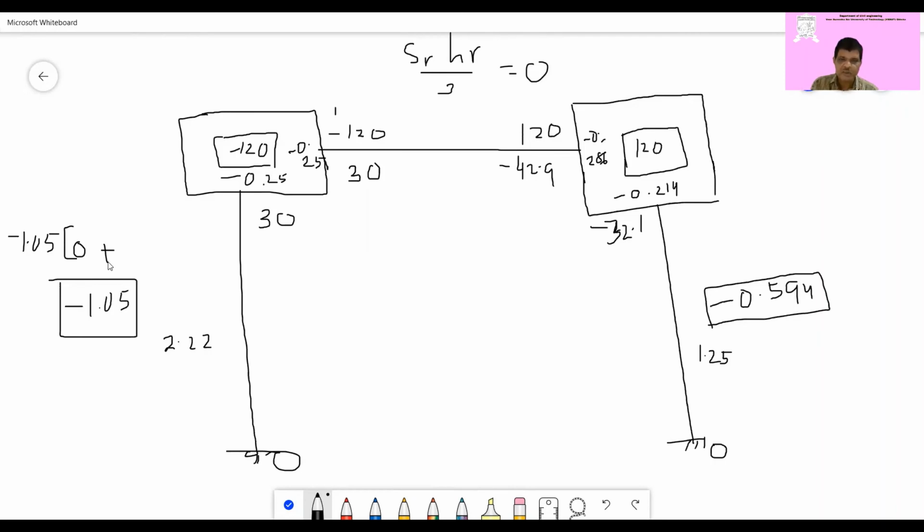So that is 30 plus 0 minus 32.1. So 30 from this end plus 0 from the bottom of the column, minus 32.1 in this end and 0 from this end. Okay. So what is the value coming? 30 minus 32.1 into minus 1.05.